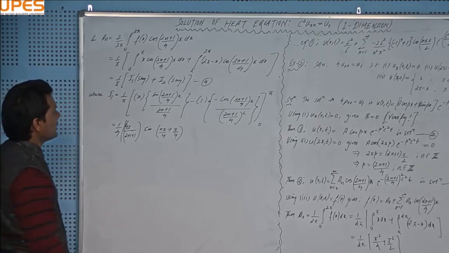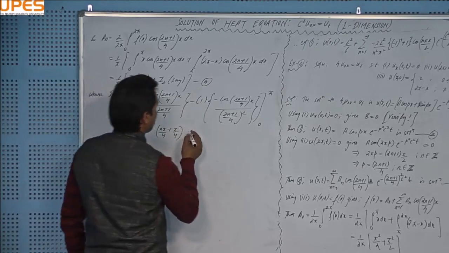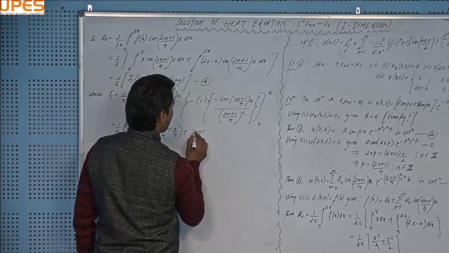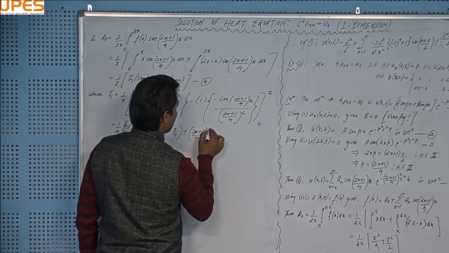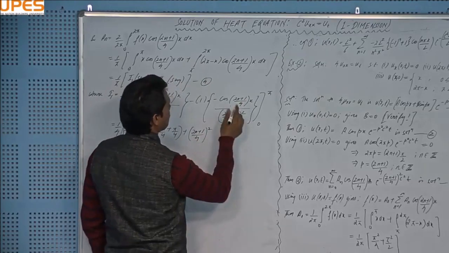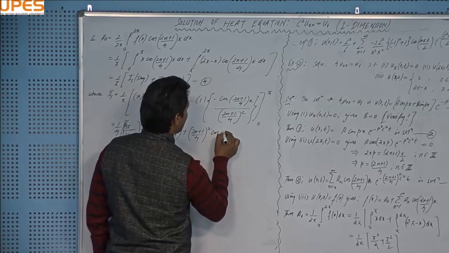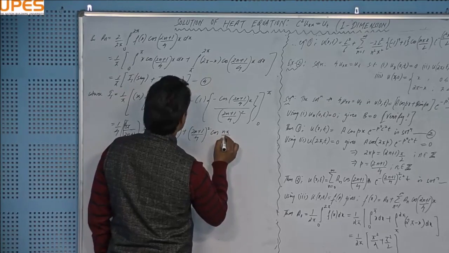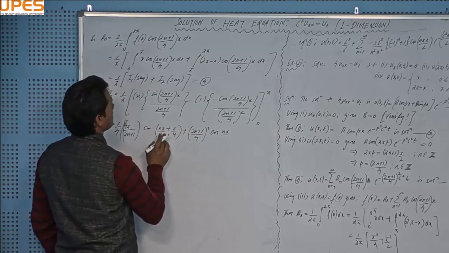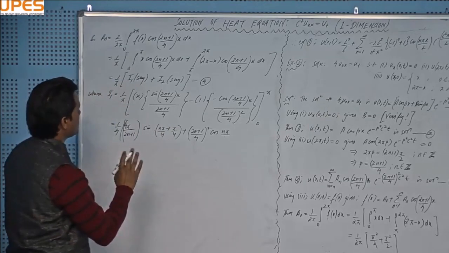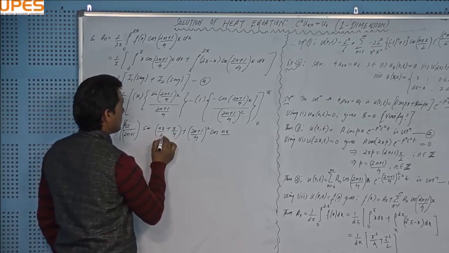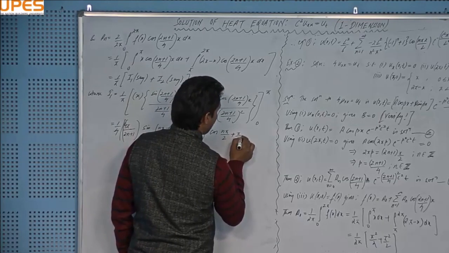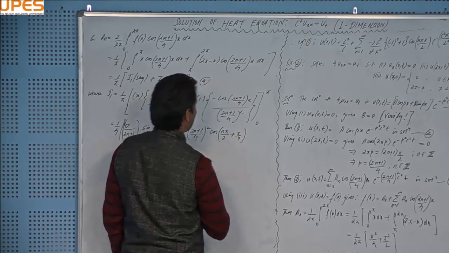And here if I put pi, that will give me plus the cos again of n pi by 2 plus pi by 4 over ((2n plus 1)/4) square.